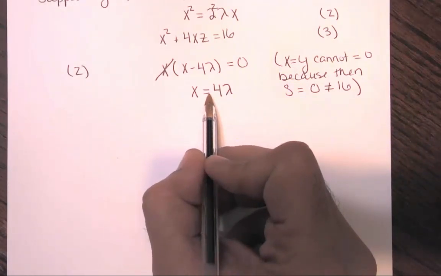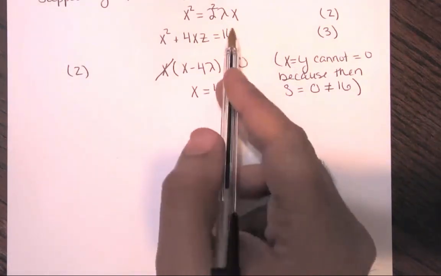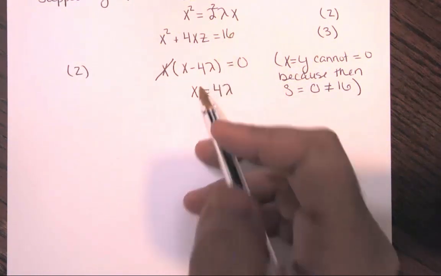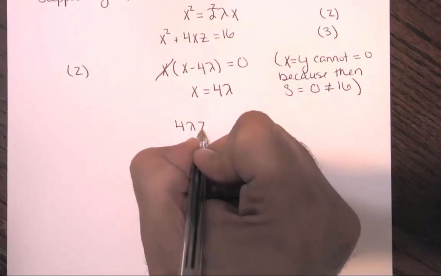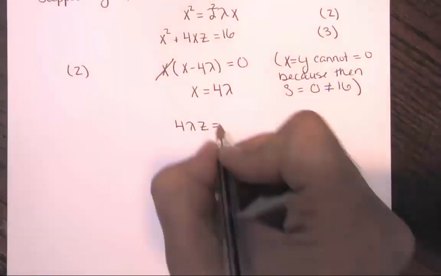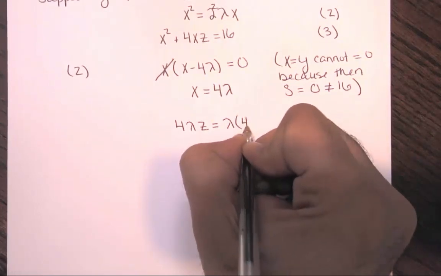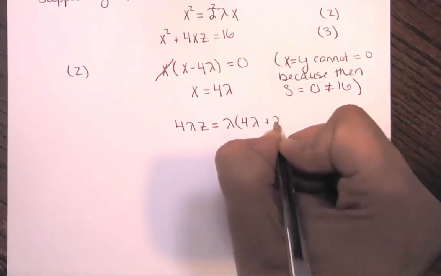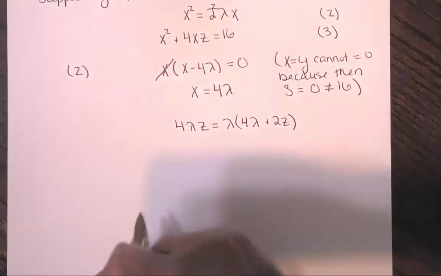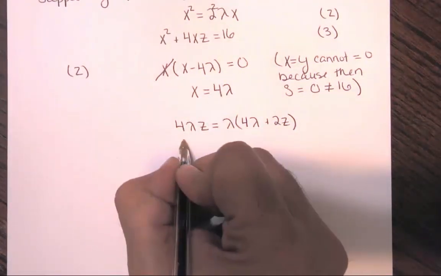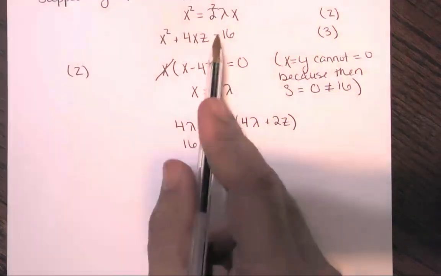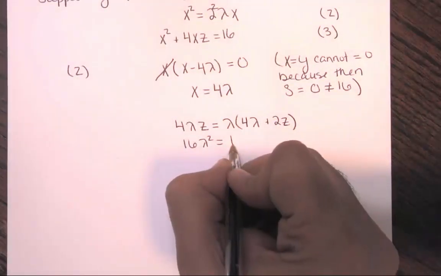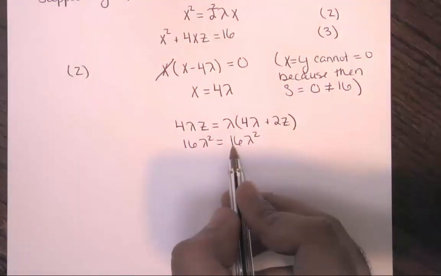So let's take this expression of x and plug it into our now 3 equations. This would give me 4 lambda times z equals lambda times 4 lambda plus 2z. 4 lambda squared would be 16 lambda squared equals 4 lambda times 4 lambda, 16 lambda squared. Well, that's a tautology. It doesn't tell us anything useful.